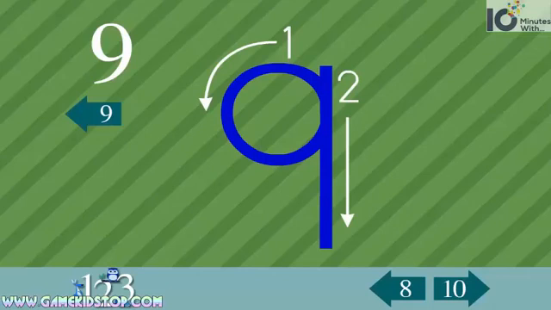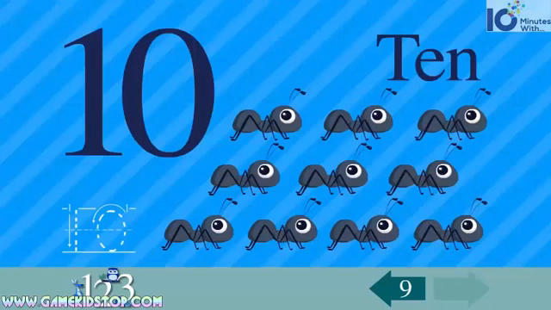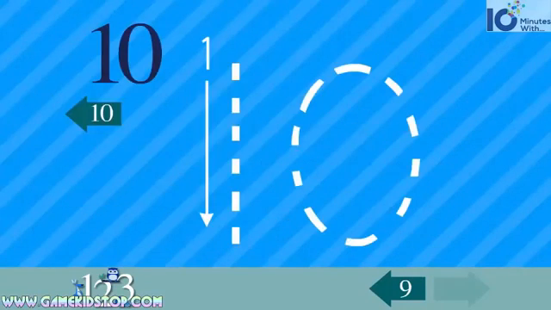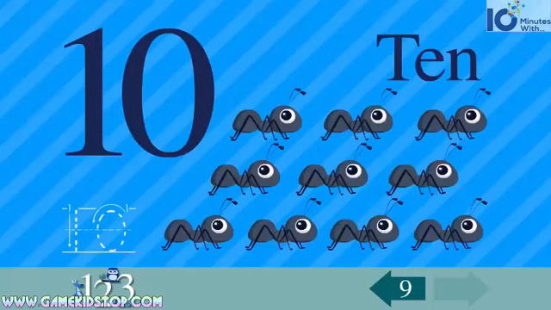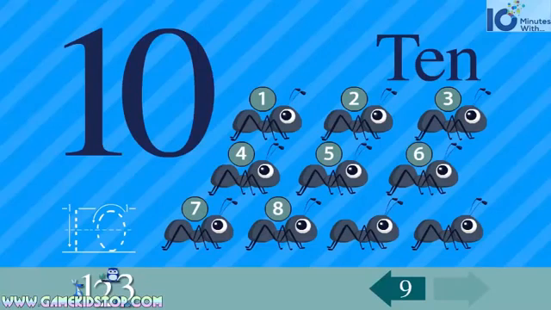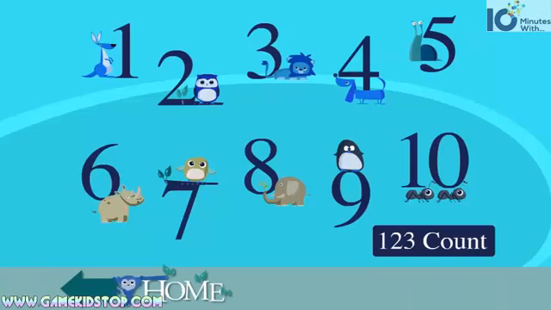Great job. Outstanding. 1, 2, 3, 4, 5, 6, 7, 8, 9, 10. 10 ants. Select a number to learn more.